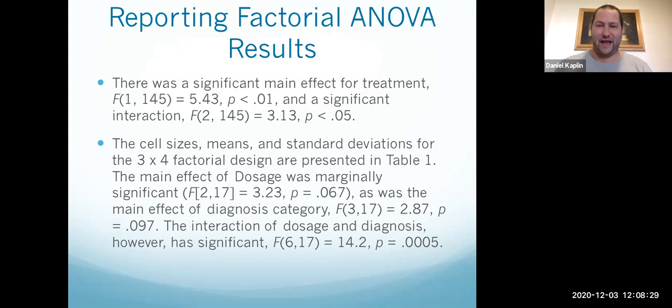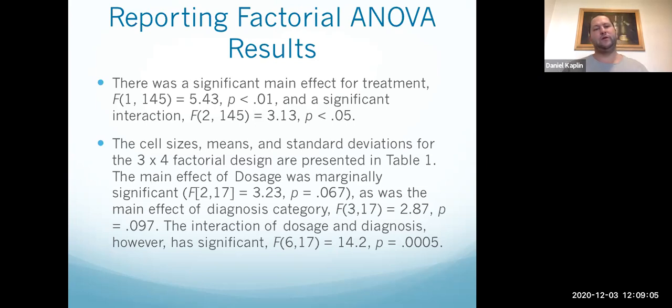So the main effect would be the general effect of a single independent variable. An interaction effect would say that variable A and its relative impact depends on the conditions of variable B. That's what an interaction is. So let me show you how to write factorial ANOVAs.